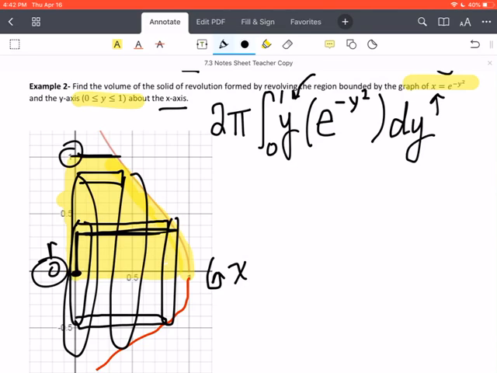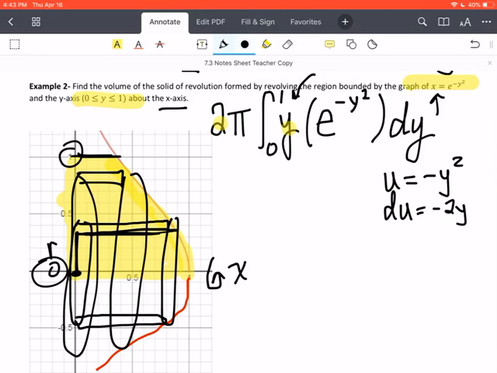So at this point, we can go ahead and see, e to the x. What's the derivative of e to the x? It's e to the x. So again, yes, you can use your calculator, but a little review. If my u is negative y squared, my du is negative 2y dy. Well, I have my y here, I have my 2 here, but I don't have a negative anywhere.